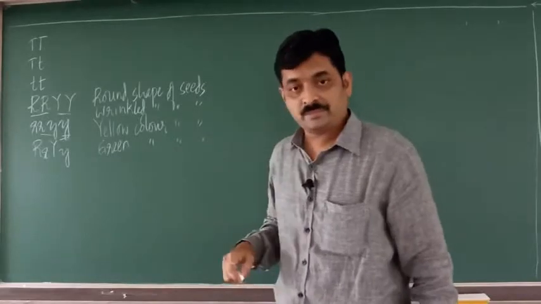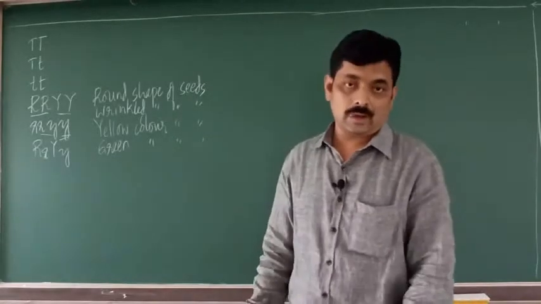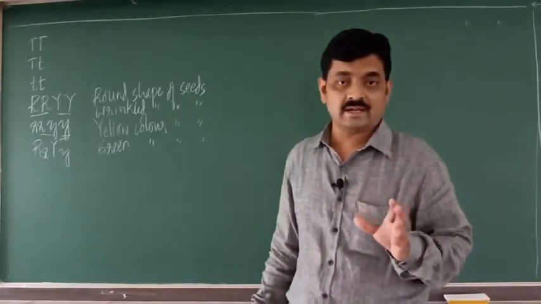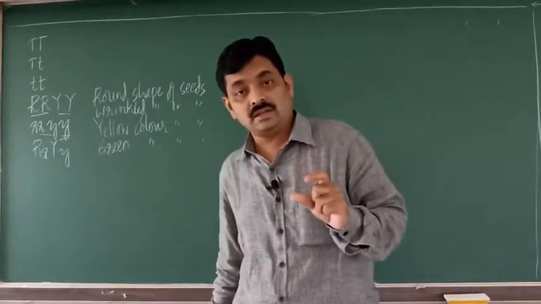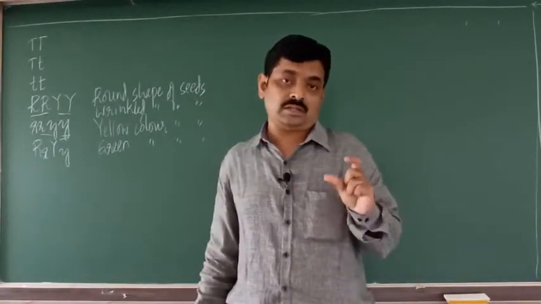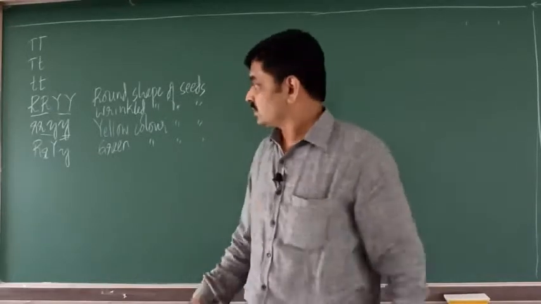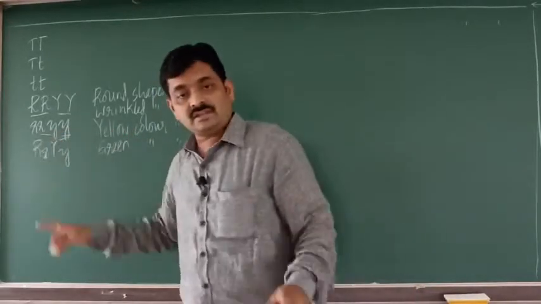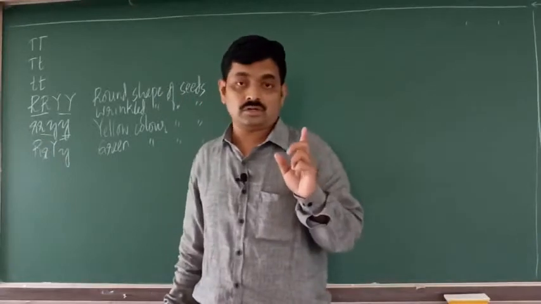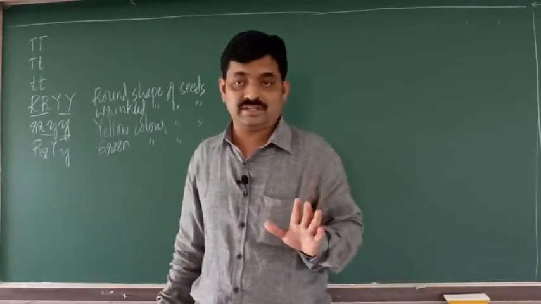So understood this? In the dihybrid cross experiment, capital R is the dominant gene that controls round shape of seeds, and small r is the recessive gene that controls wrinkled shape of seeds.